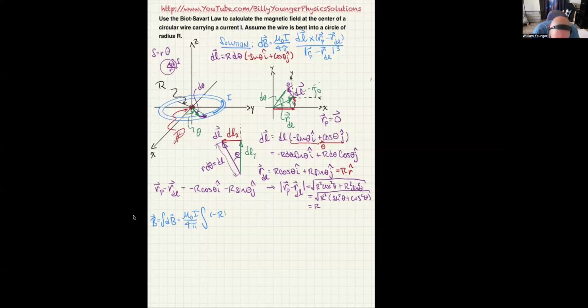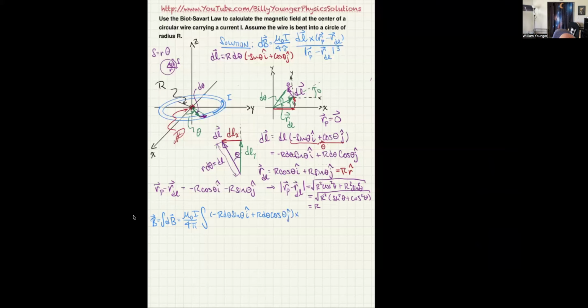Anyways, negative r d theta times the sine of theta i hat plus r d theta cosine theta j hat.